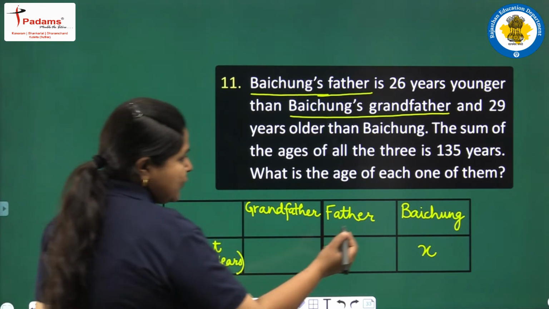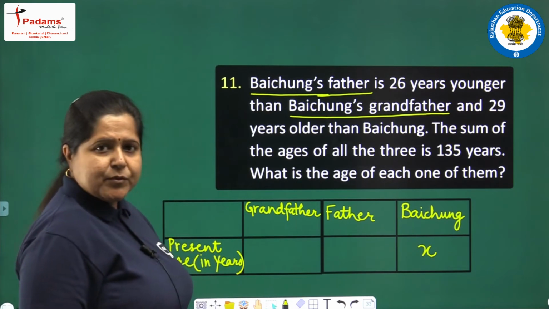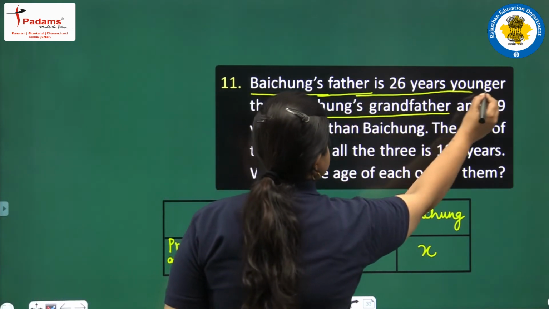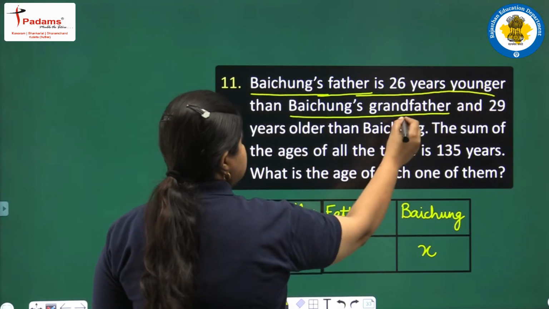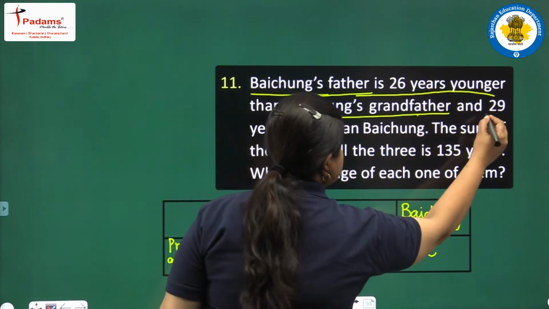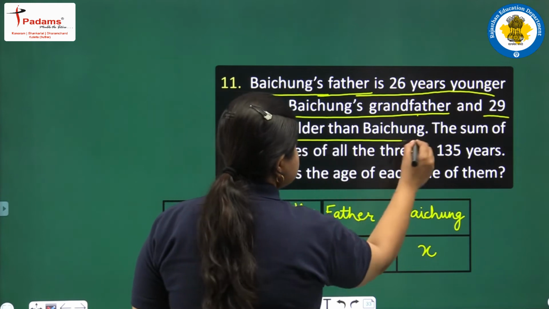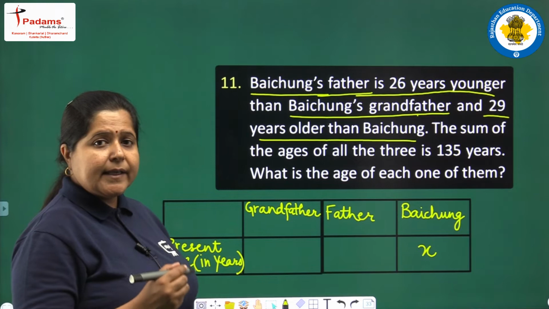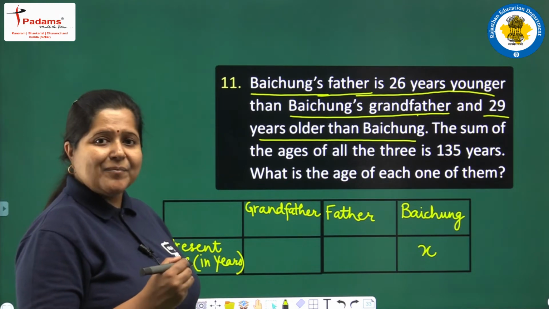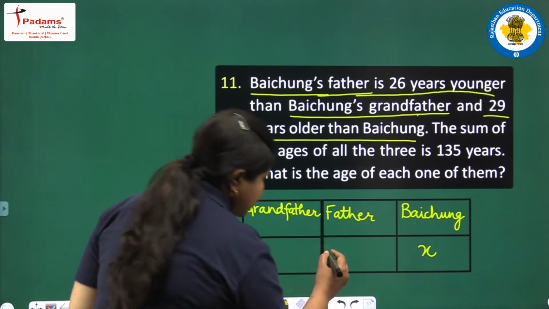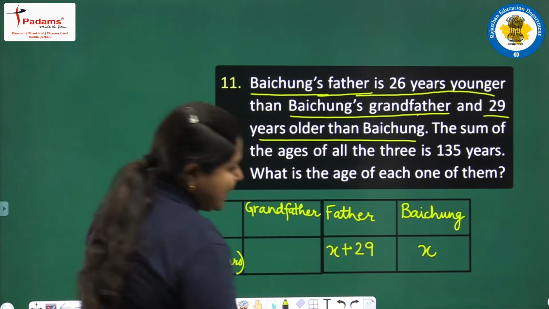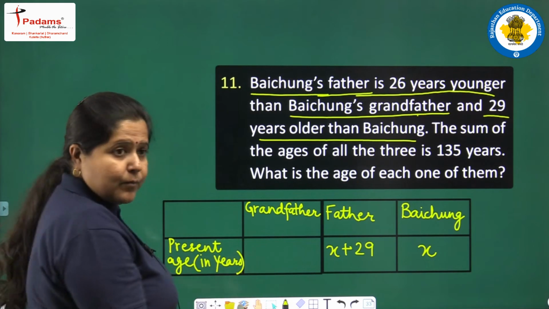That means Baichung's father is 29 years more in age than Baichung. So we can easily assume father's age to be x plus 29.